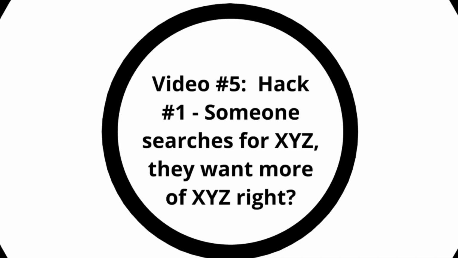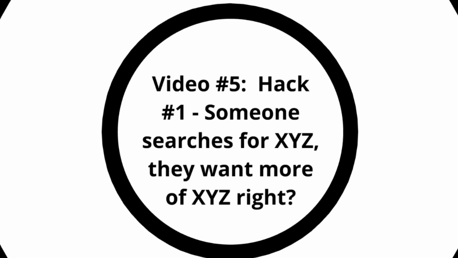Video number 5 is when we start to talk about the hacks. Videos 5, 6, and 7 will be hacks 1, 2, and 3. Hack number 1 is all about this: when somebody comes to your website, after they look at the speed and everything is fast loading, they think, okay, I'm searching for something specific.